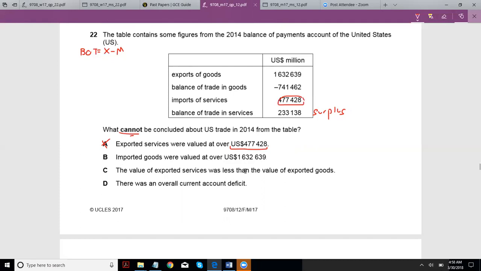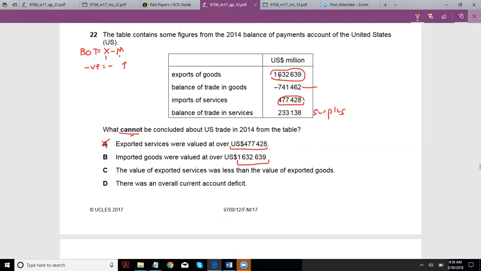Imported goods were valued at over this. So since the balance of trade in goods was a deficit, should imported goods be valued over it? Yeah, my bad. So since it's export revenue minus import expenditure, and if you want a negative value at the end of the day, that is a deficit, then definitely whatever amount your export is, your import has to have a greater value.